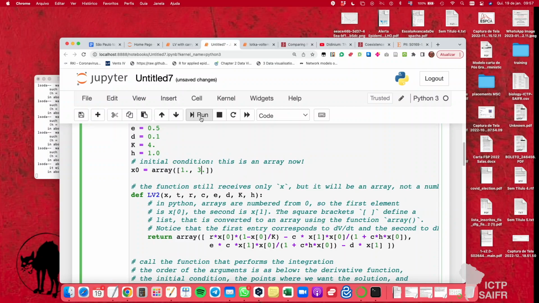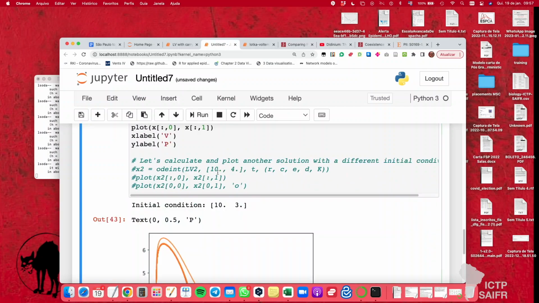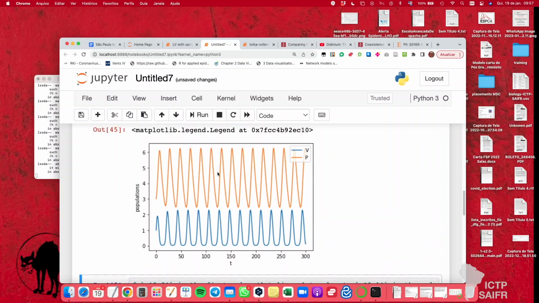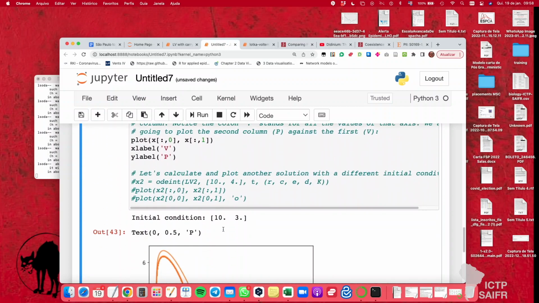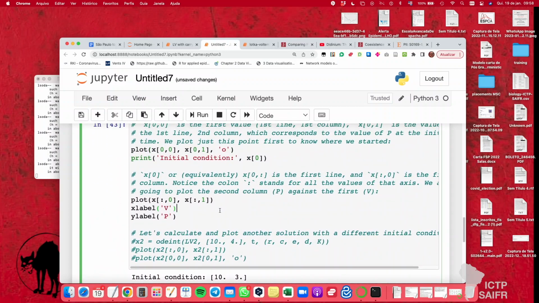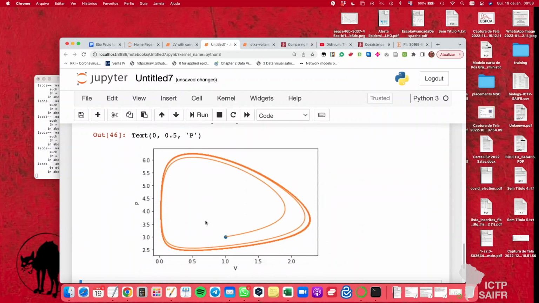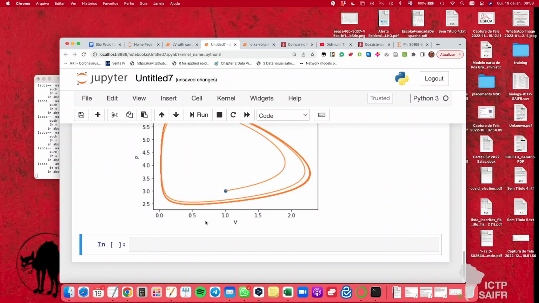Let's see, I think this would be better. And you get it again. And if you compare this plot with the previous plot, what you will see is that the amplitude and the period are the same, irrespective of the initial conditions.